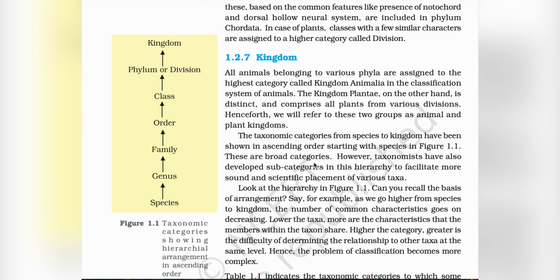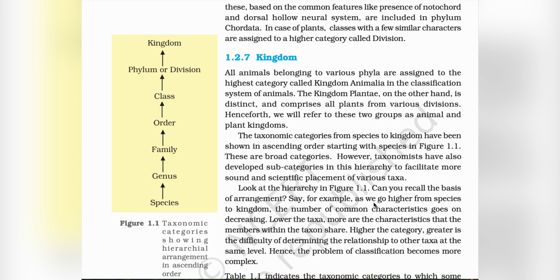These are broad categories. However, taxonomists have also developed subcategories in this hierarchy to facilitate more sound and scientific placement of various taxa. Look at the hierarchy in figure 1.1. Can you recall the basis of arrangement?